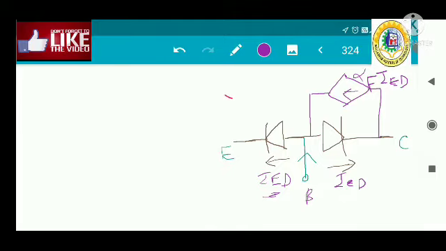Now if we consider the transistor in the reverse direction, that means the reverse active mode, in the reverse active mode the emitter and collector operations are just reversed. That means if there is a flow of carriers from collector to base, then some portion of the current must reach the emitter. So that's why there is also a dependent current source.